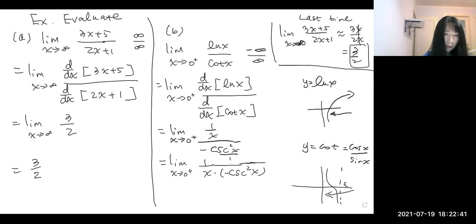Now we should think about 1 over x, so what do you get for this one? When x approaches 0 from the right, x is 0, right? How about negative cosecant squared x?